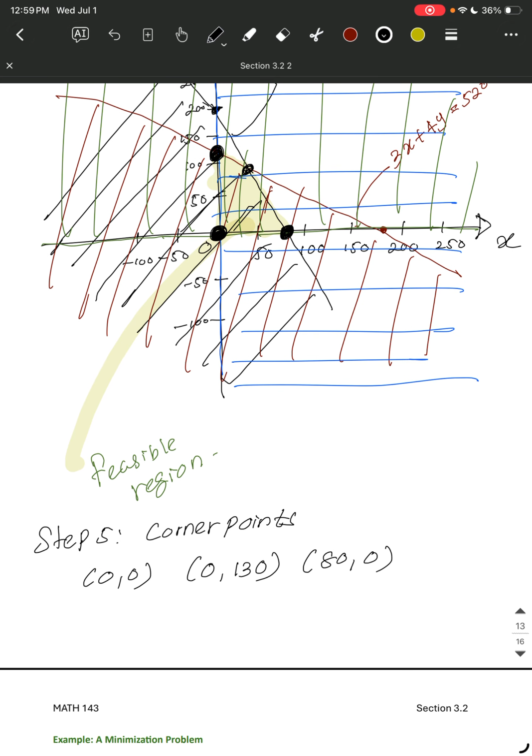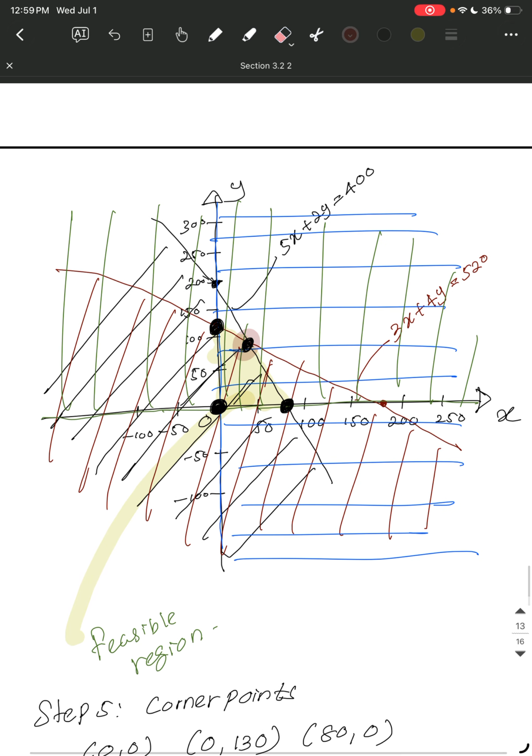And we want to find this one. Okay, then how to find that point? I hope you remember that. Here is the point that intersects the two constraints, 5x plus 2y equals 400 and 3x plus 4y equals 520.